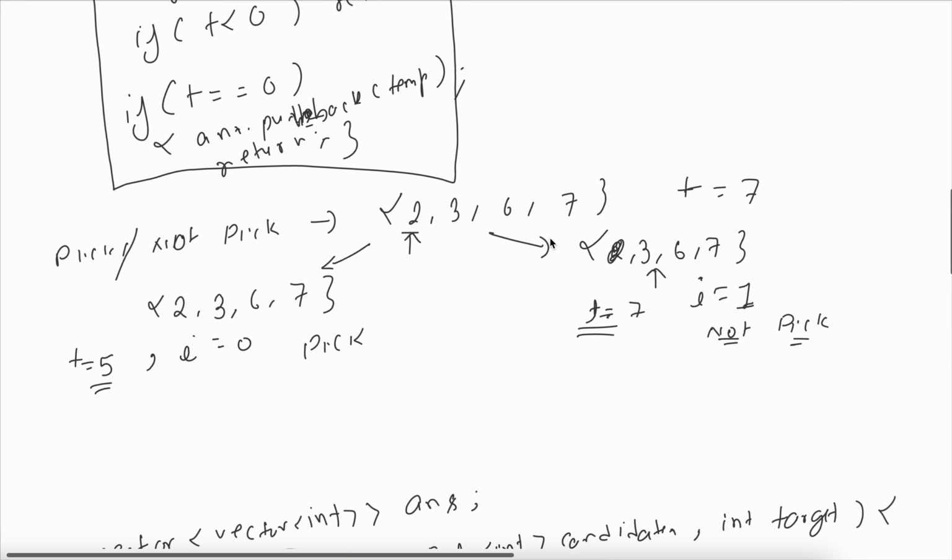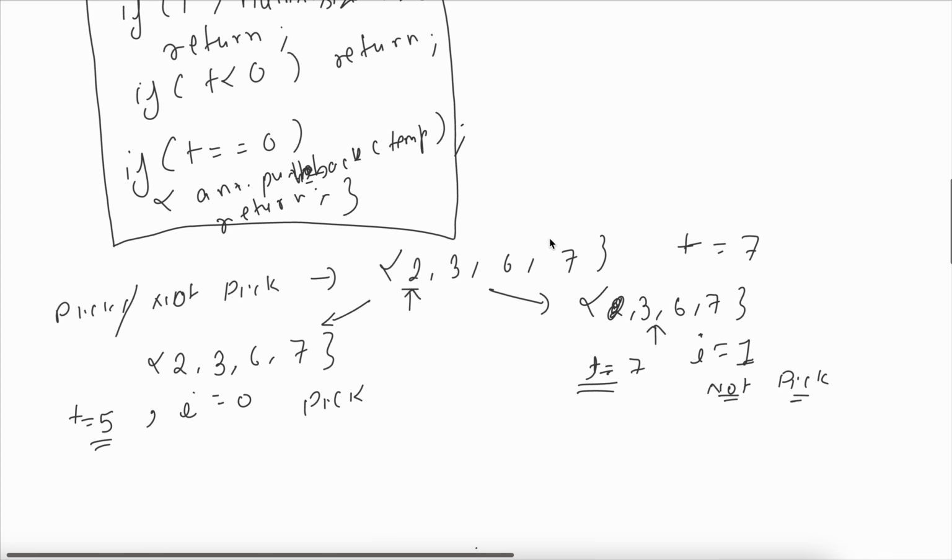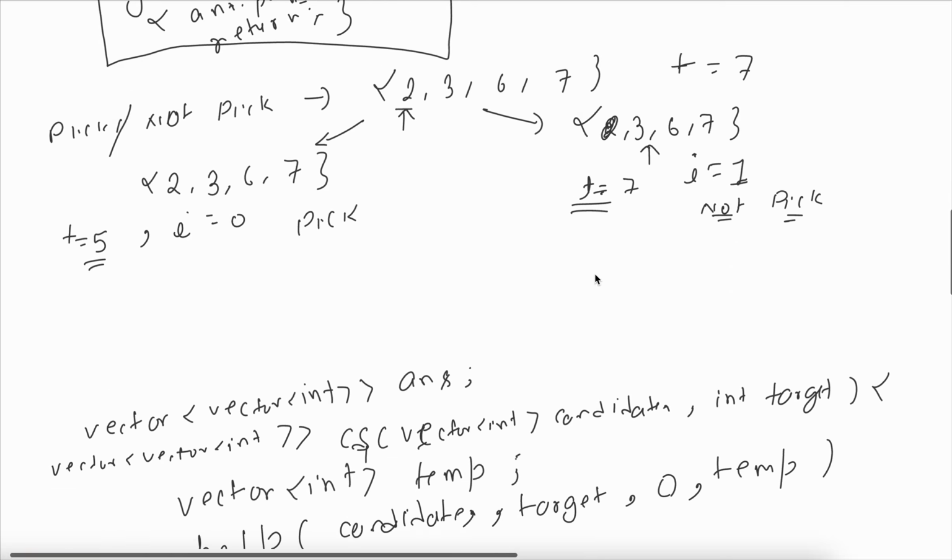So what you can do is check first that if you're picking this element, it should not be greater than the target. If you're choosing 2 and it's less than the target, then yeah, it's okay. Let's say here it is 8, then why would you choose 8 to make a target of 7? You won't choose 8 to form 7.